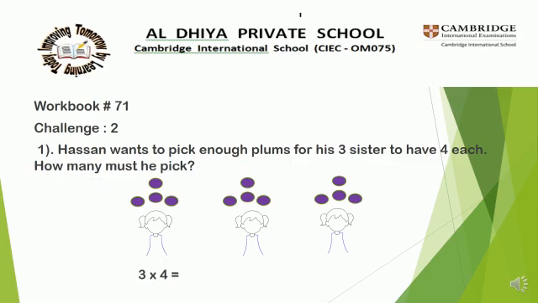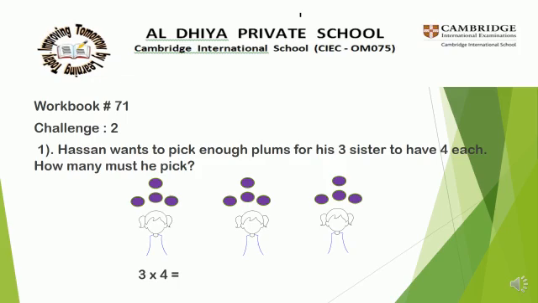3 multiplies with 4. That is 3 sisters multiplies with 4 plums. We will get the total number of plums. For that, we have to do multiplication. 3 multiplies with 4.